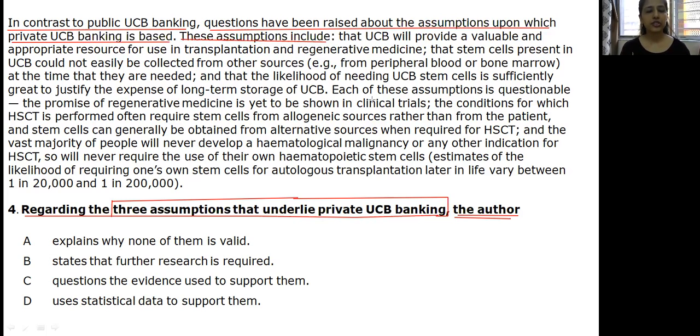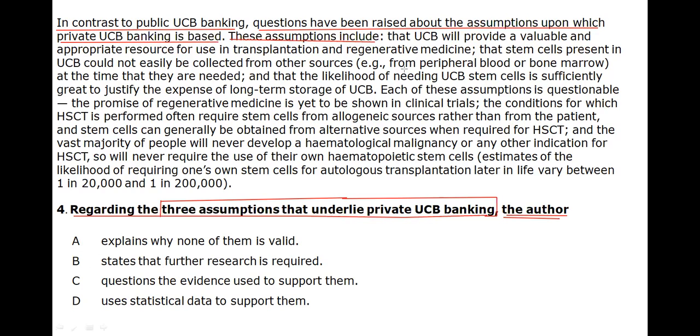And then what is the writer's viewpoint towards those assumptions? See if the writer is in favor of those assumptions. Is the writer against those assumptions? Or is the writer neutral about them?